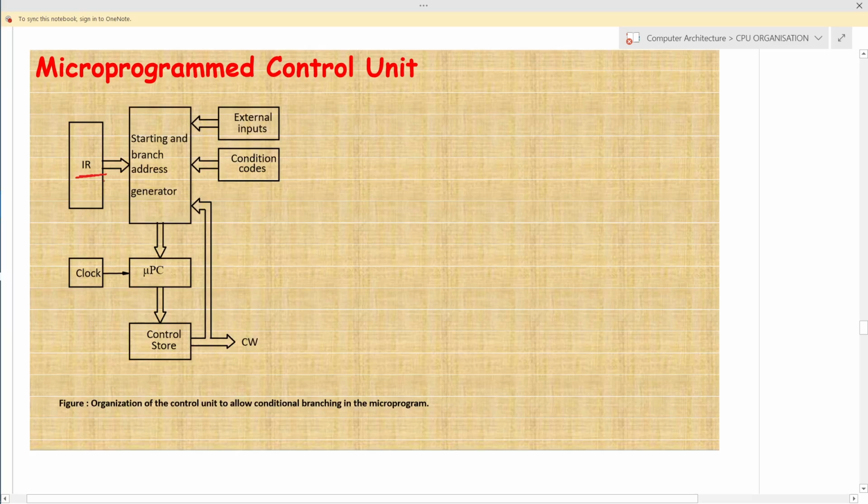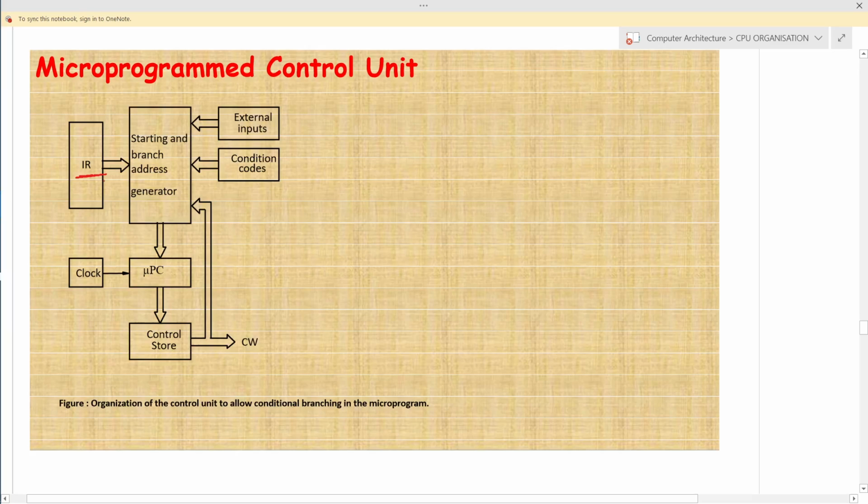So the last control word for instruction 1 is available at 307. Once this control word is fetched, it will read the next instruction, whose starting address, let's say, is 400. So it will read the control word from 400, then 401, like that.